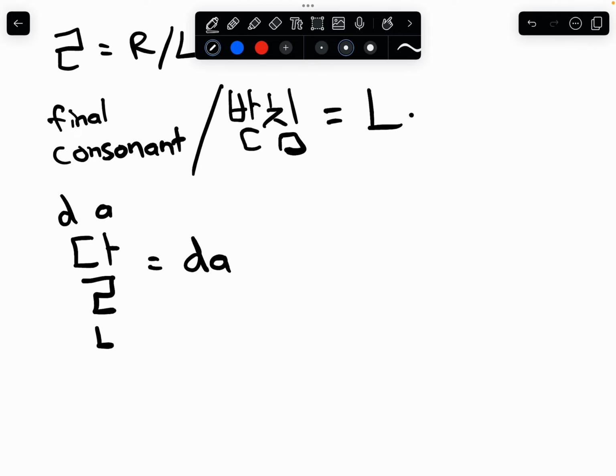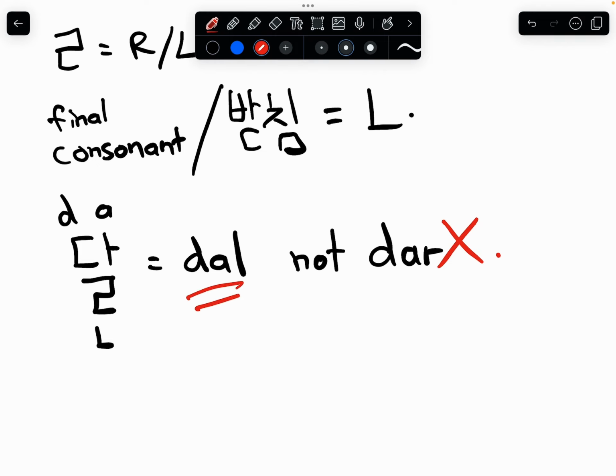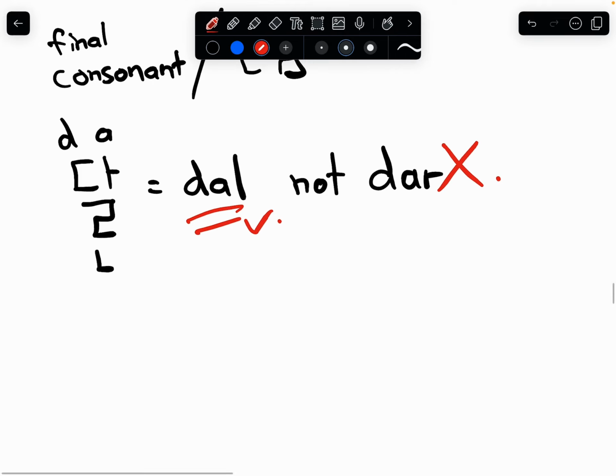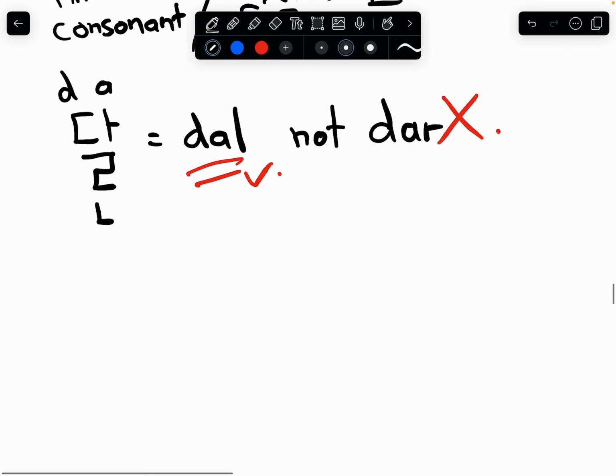This one should be dal and not dar. Dar is wrong. Okay, the correct answer is L. So when it becomes R, usually it is at the beginning. Okay, for example, ramyan.